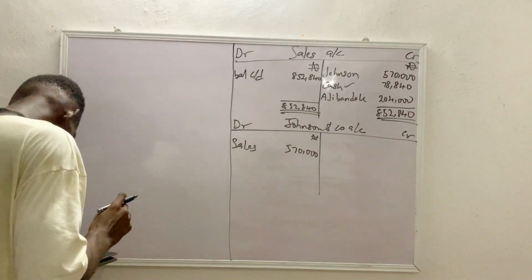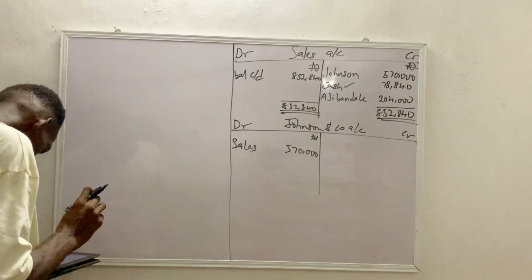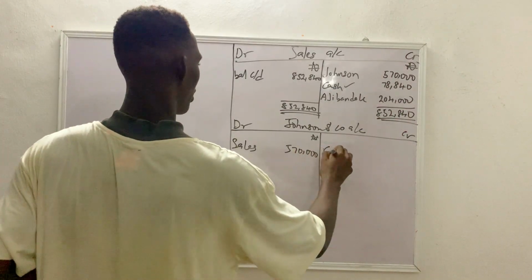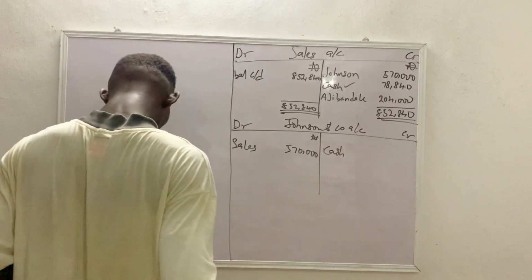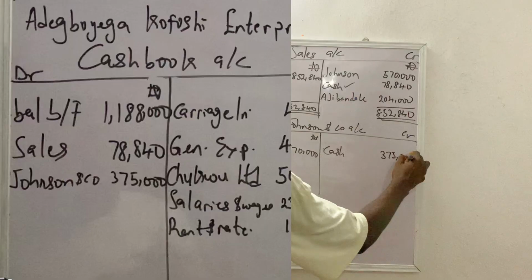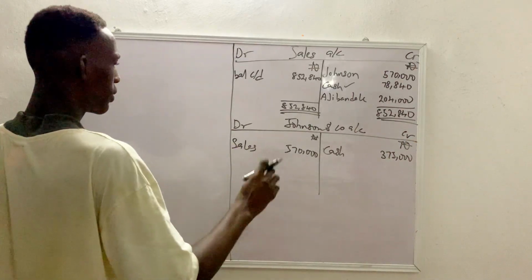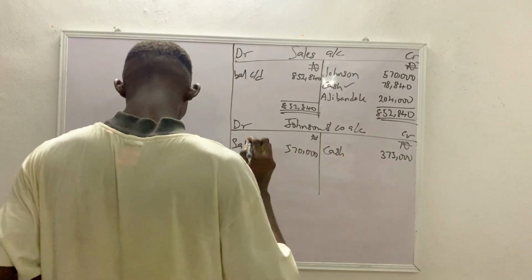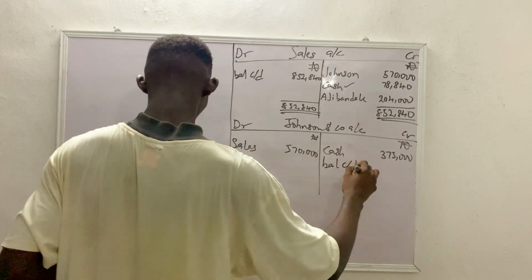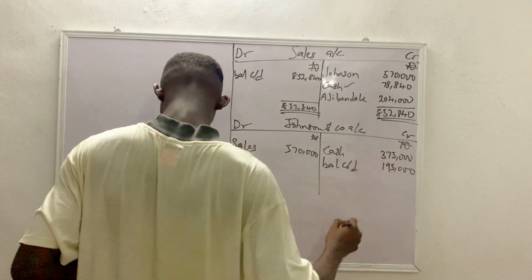Note that during one of our transactions, Johnson paid us cash. So the corresponding entry is 375,000 naira. So that's going to reduce his debt. Therefore, our balance carried down is what? 195,000.